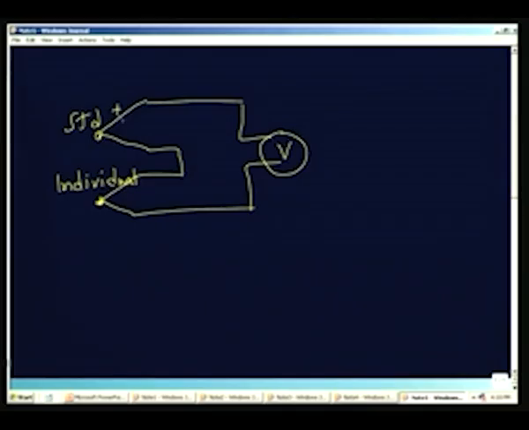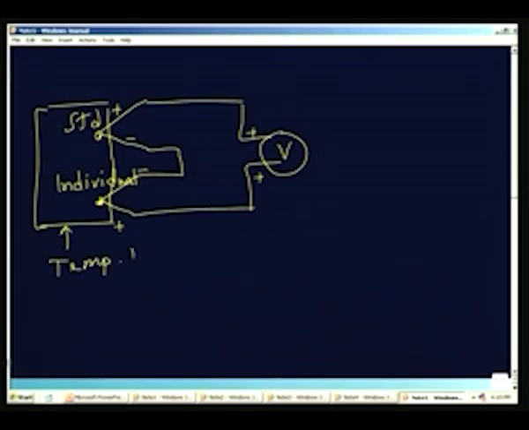That means this is plus, minus, minus, plus. These two junctions I am going to put in a constant temperature bath, whose temperature can be varied, but both junctions are at the same temperature.